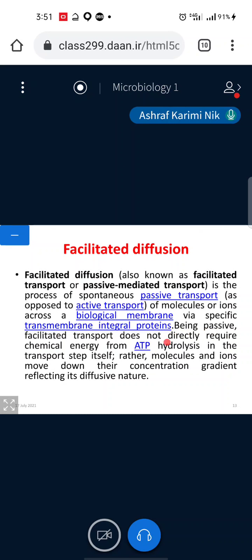Being passive, facilitated transport doesn't directly require chemical energy from ATP hydrolysis in the transport step itself. Rather, molecules and ions move down their concentration gradient, reflecting its diffusive nature.